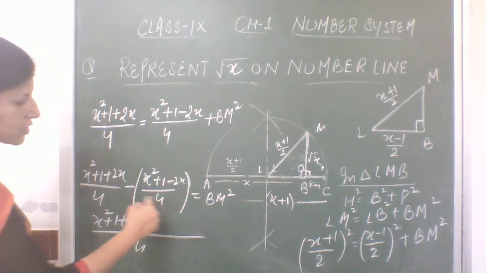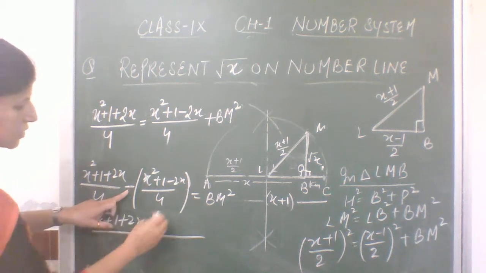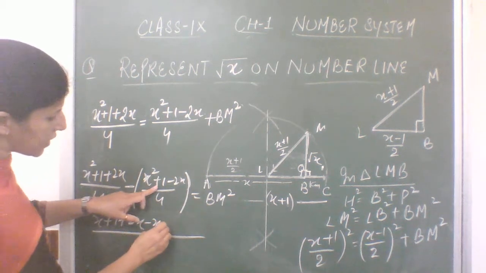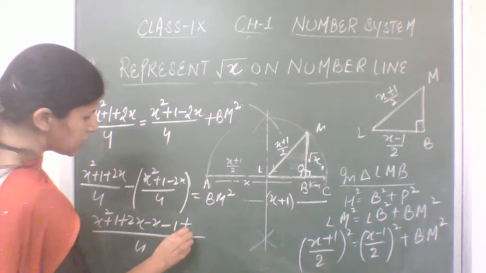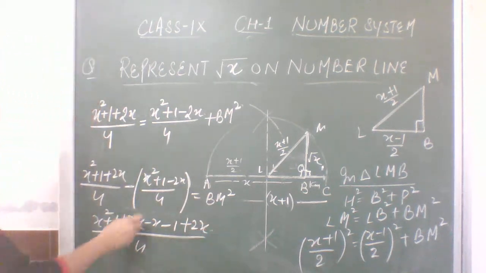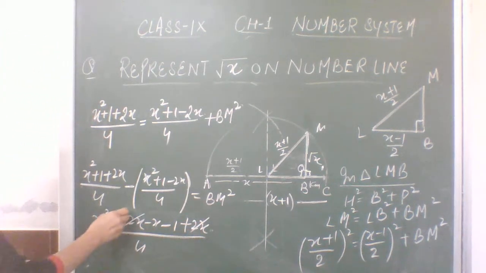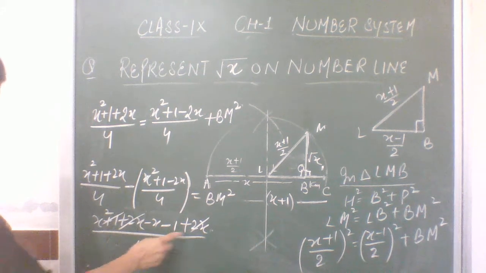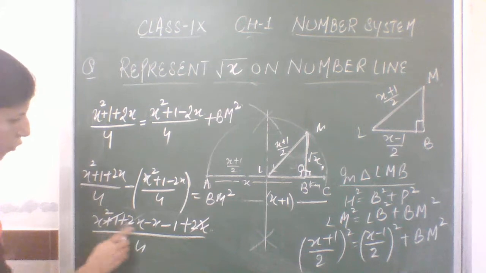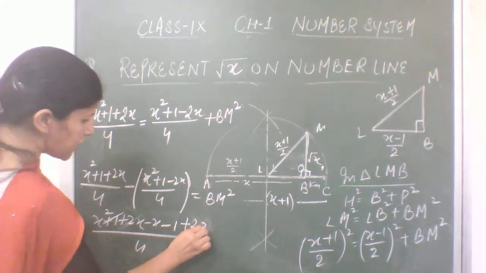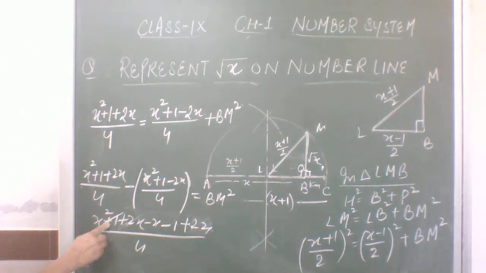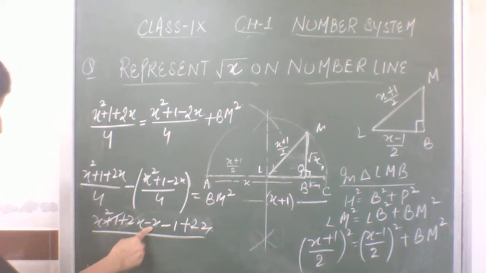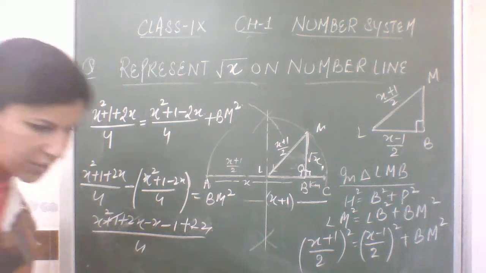This is minus x square minus 1 plus 2x. 2x cancel नहीं हुआ ना, दोनों positive है. This is 2x and 2x. Minus 1 cancel with plus 1.